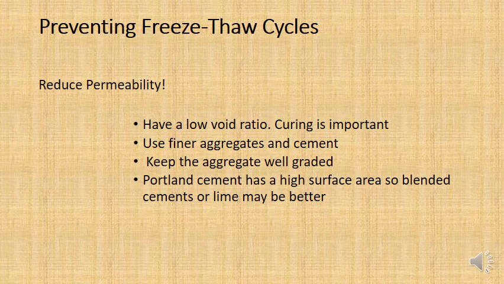You can do that first by ensuring that you cure correctly. Curing is already important because that reduces the void ratio and that increases the strength of the concrete, but it also gives it resistance to freeze-thaw.